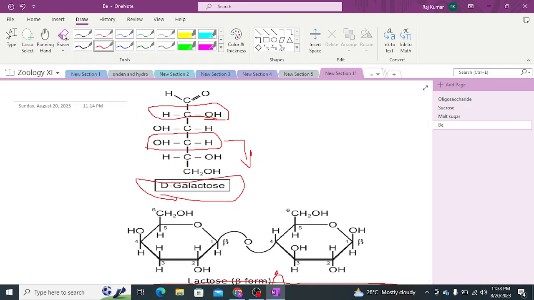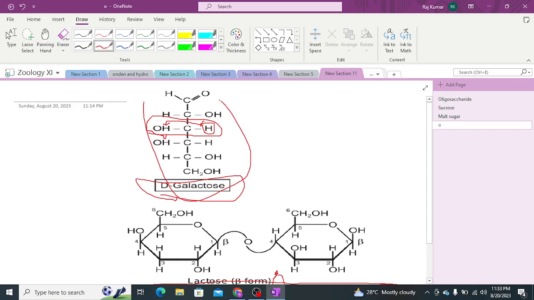Well, that's wrong. Actually, there's a mistake in it. What I was saying is that the difference between glucose and galactose is such that, according to the ring structure, the second carbon in glucose has its hydroxyl group on the upper side, but in the galactose structure the hydroxyl group is present on the downward side. This is the only difference between glucose and galactose.